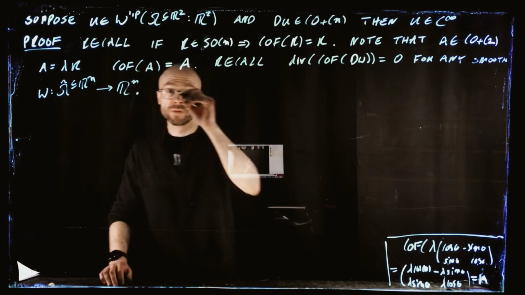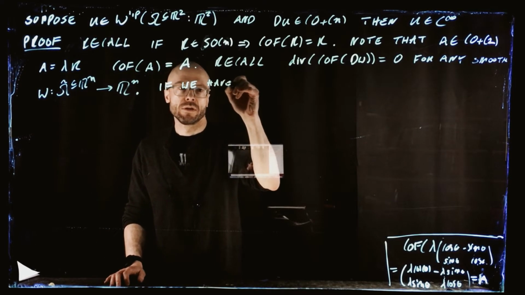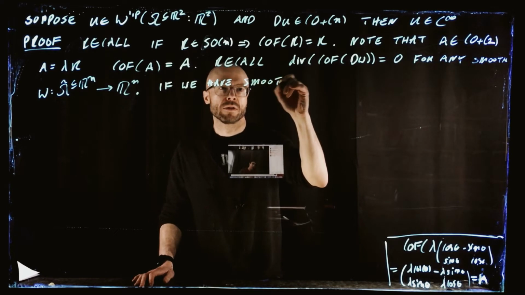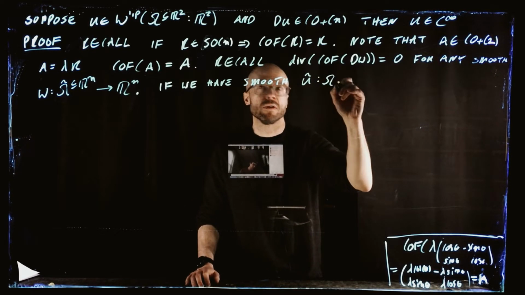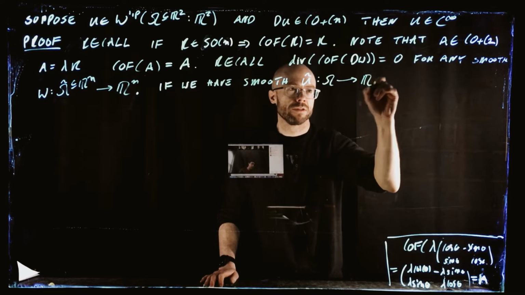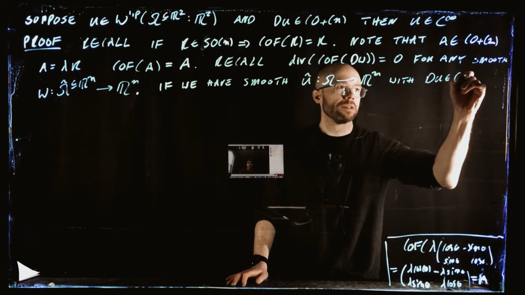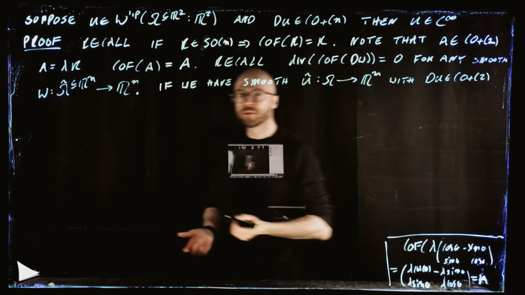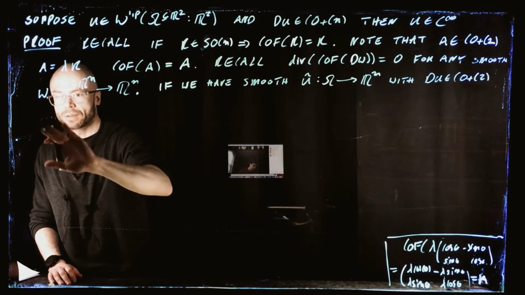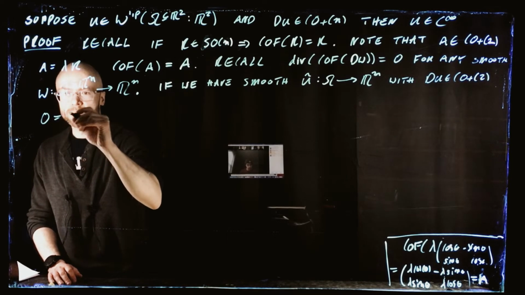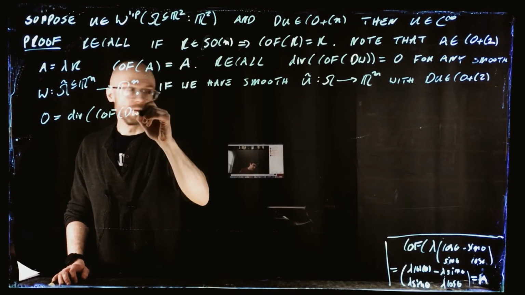So we are going to put these components together in the way that we did before. If we have a smooth U tilde from omega in R2 to R2, with the gradient of U belonging to the two-dimensional conformal matrices, then we have that 0 is equal to the divergence of the cofactor of the gradient of U tilde.